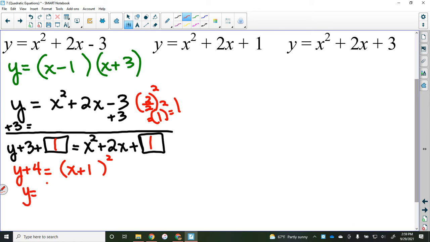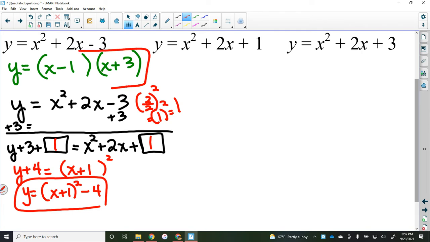So in vertex form, it's x plus 1 quantity squared minus 4, which if you had to graph that, would be super easy to graph. The vertex is negative 1, negative 4. Does it ask for the vertex? No. But you're already on your way to graphing it. So I'm going to circle here's factored form. We started in standard, went to factored, and there's vertex.